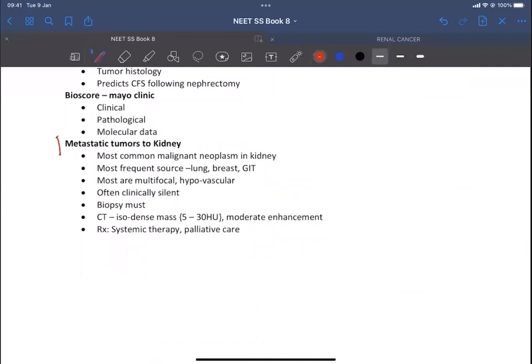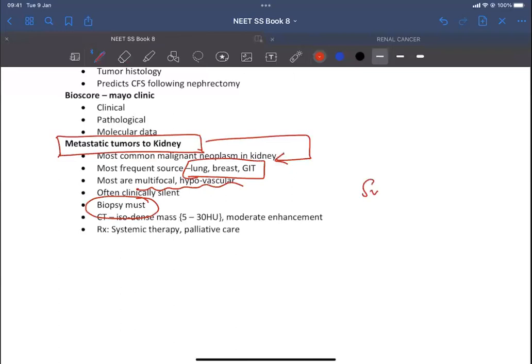So, to finish briefly about metastatic tumors to the kidney, these are actually the most common malignant neoplasm in the kidney, most frequently from lung, breast, and GIT. They are multifocal and hypovascular, and she said these are one of the reasons why you must do a biopsy if you suspect METs.